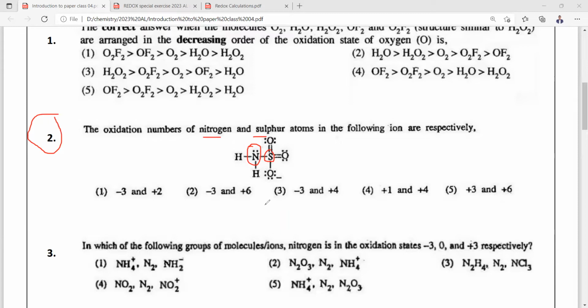What is the oxidation number of nitrogen and sulfur? But we received answers. Time is enough.